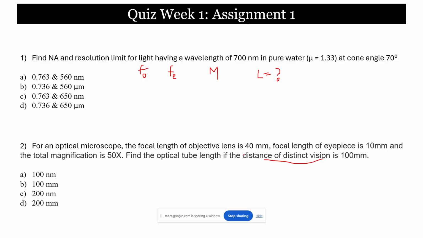For our eye the distance of distinct vision is 250 mm, and in this case they have given it as 100 mm.